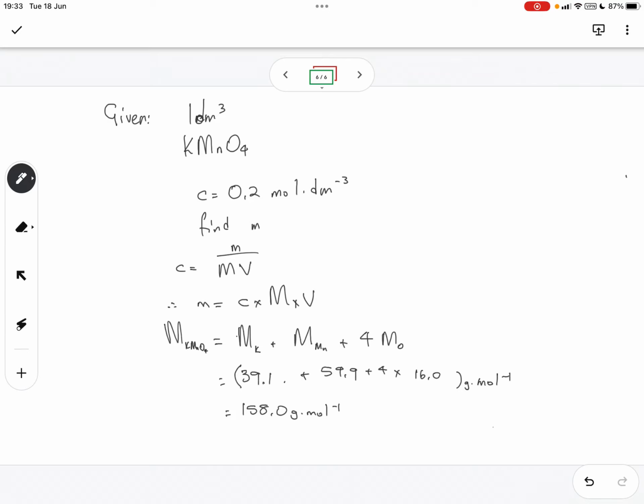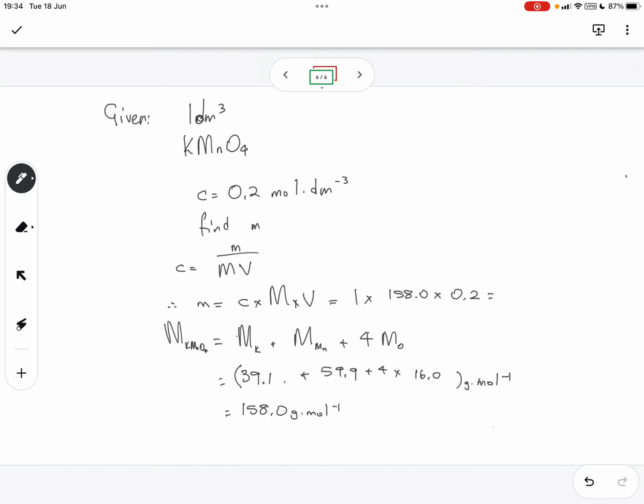And we know that the volume is 1 dm cubed. So that means we can substitute all of this here. So it's 1 times 158.0 times 0.2.